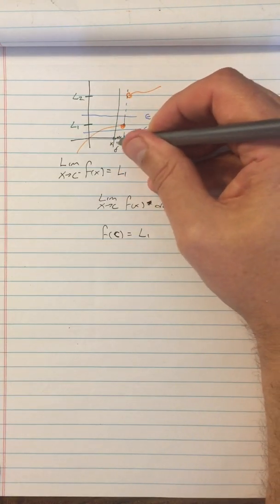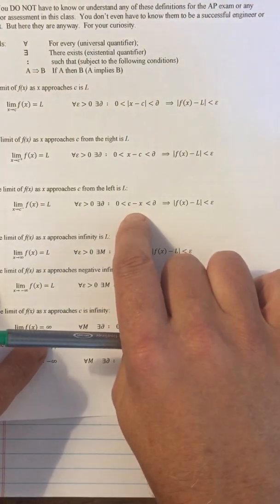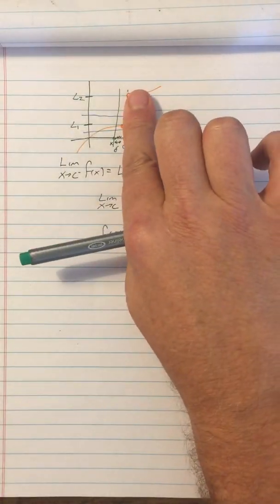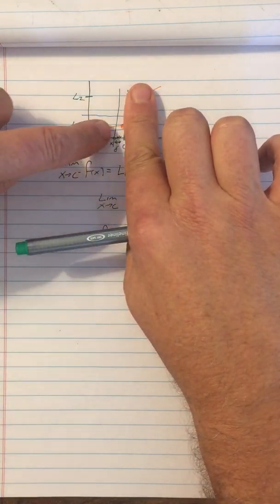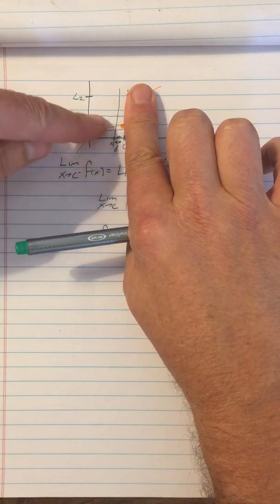So your delta band is only over here and not over here. So mathematically, changing from this absolute value to this without an absolute value cuts off one side of the delta band. And then, yeah, for every x within that half delta band, your f of x values fall within the epsilon.